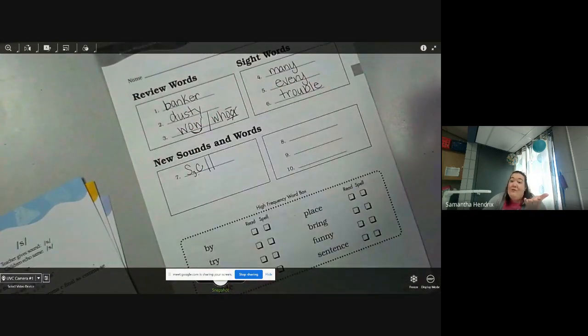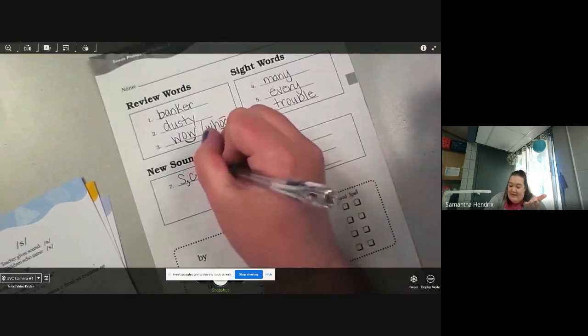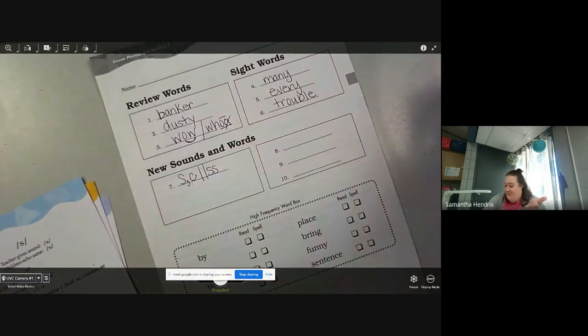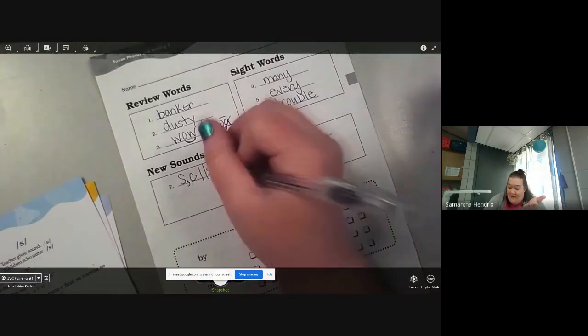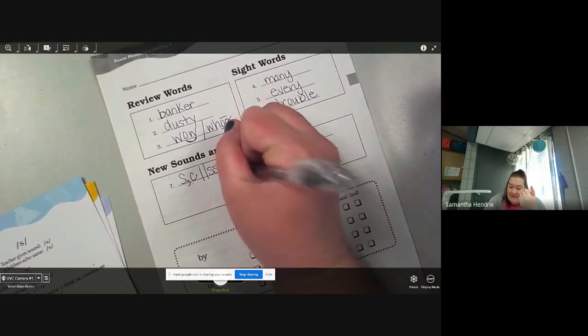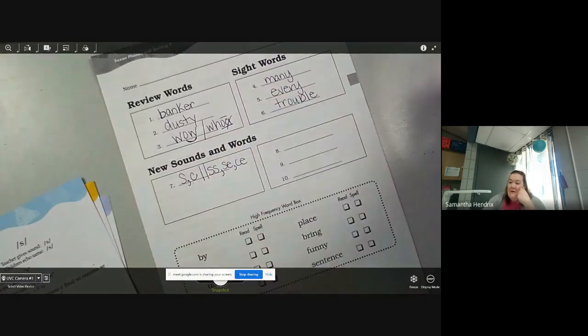So we have 3 rules now for our final spelling sound. Okay? We have SS, right? Comma, SE, comma, CE. Okay? That looks like a lot, but it's literally what we just did.